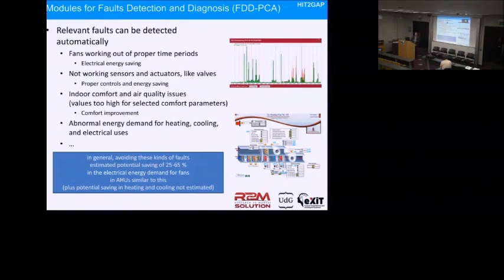For example, the supply air temperature sensor can be broken, and the supply and return fans of the air handling unit can work at 100% of the electrical power for 1 week without anyone recognizing this, because perhaps we have a lot of air handling units in a building large like this.